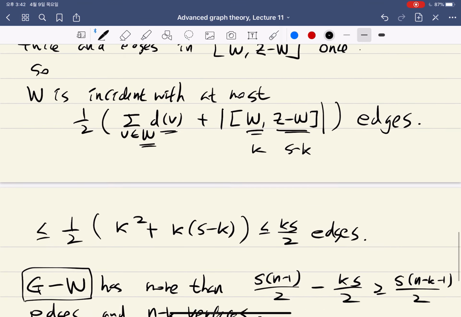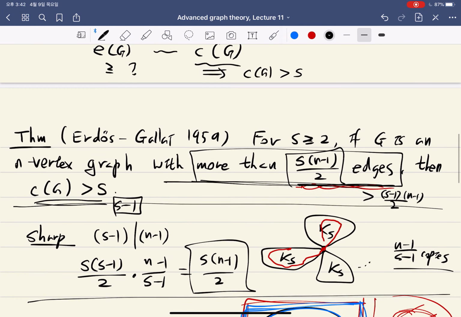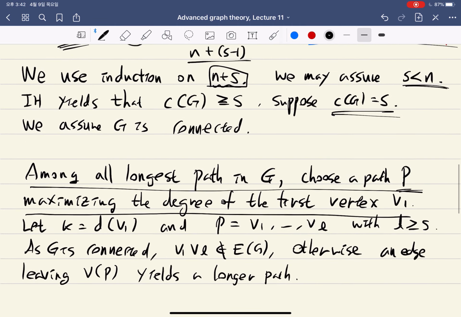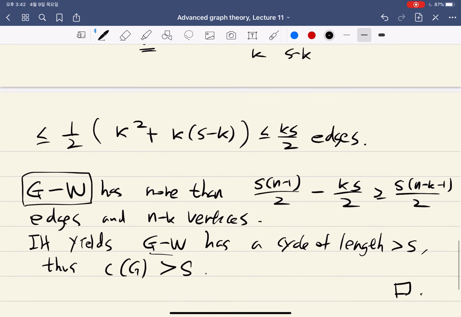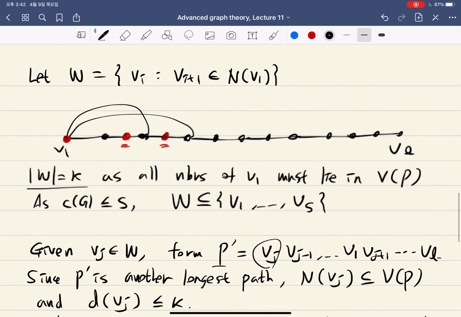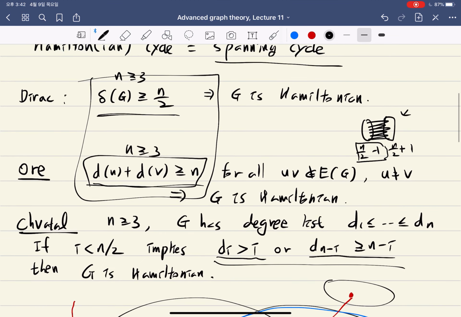So this answers the question of how many edges ensure a cycle of length s, or strictly bigger than s. And also we can ask a question on the minimum degree condition.